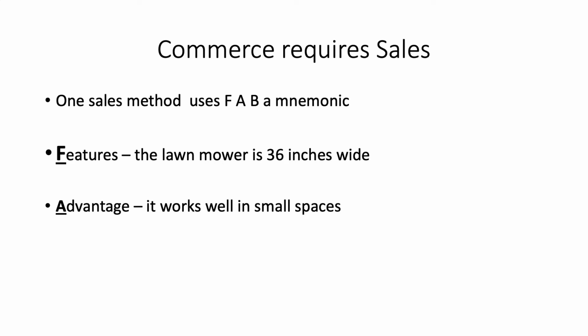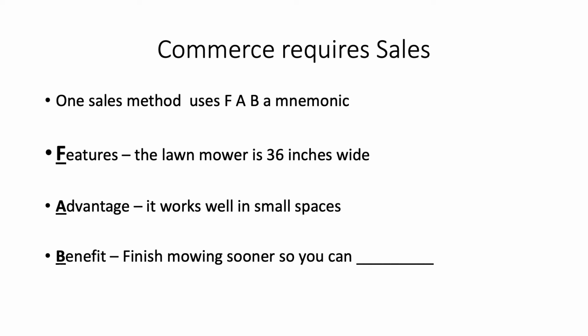And you've moved a step up in trying to close a sale, and close a sale means that the customers agree that they want that value at that price. When you can tell them the advantage to having a 36-inch lawnmower. But when you really start to close is when you give them the benefit.